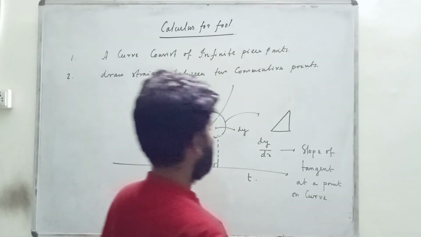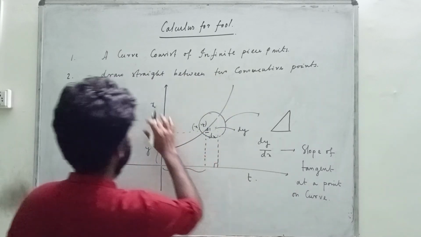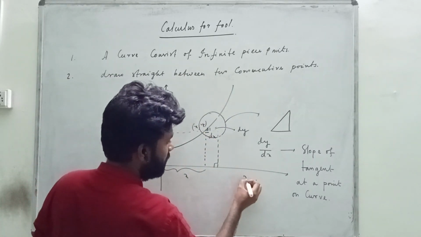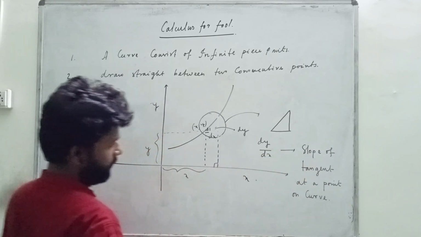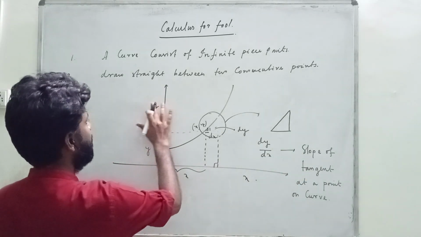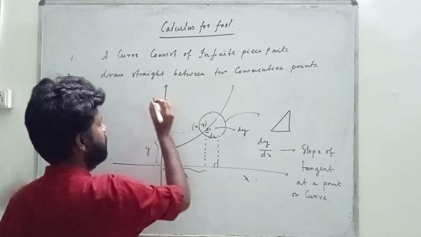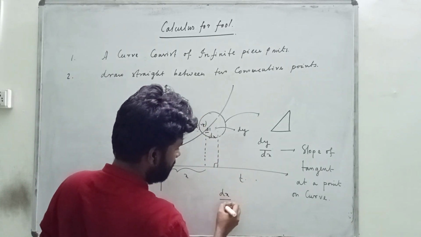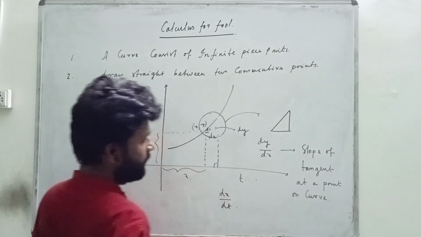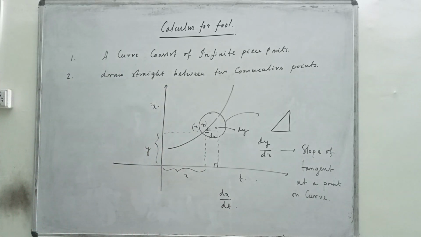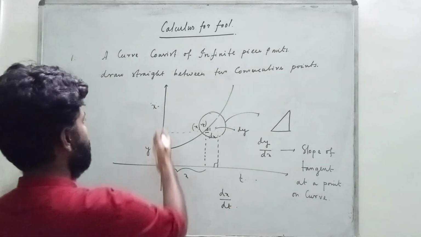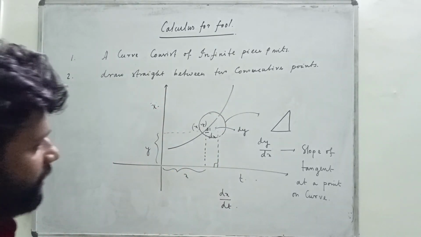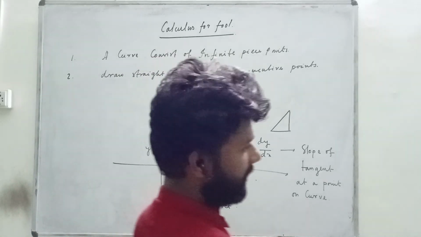So if it is y and x, dy over dx means the slope, and if it is x and t, then obviously dx over dt is the velocity, right? The slope of this displacement-time curve is the velocity.